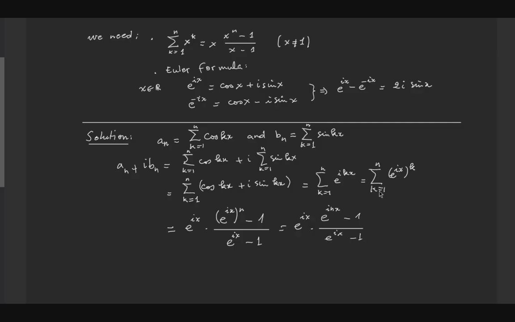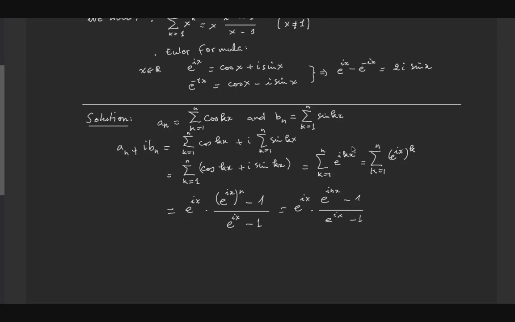Now, to make use of this formula here, we will factor e to the inx over 2. And so we have e to the inx over 2 times (e to the inx over 2 minus e to the minus inx over 2).